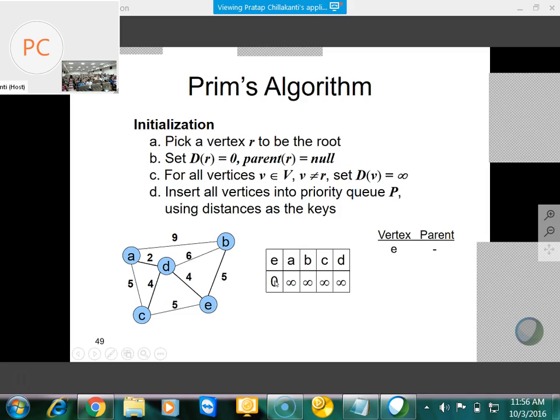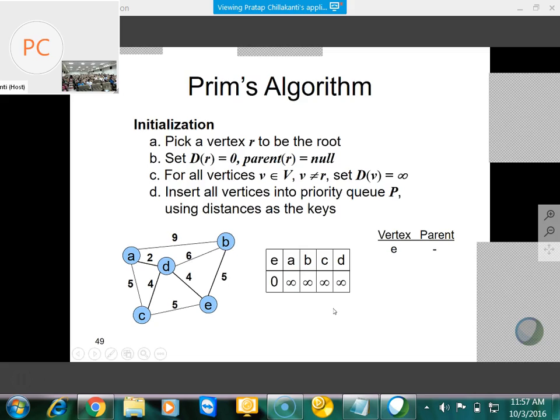The distance of R is 0, because E to E is 0. And for all the other nodes, A, B, C, D, you are making them infinity, as you can see in the table here. The vertex that you have picked is E, one more time. You make the distance of E to E 0, and to all other nodes, you make infinity.